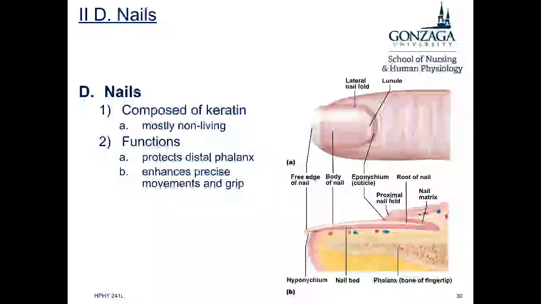And keratin is really what's providing that strength and structure of the nails. So a few functions of nails: they protect our distal phalanx, which is a fancy term for fingertip. And in addition, the nails also provide a role in precise movement and grip of our fingertips.